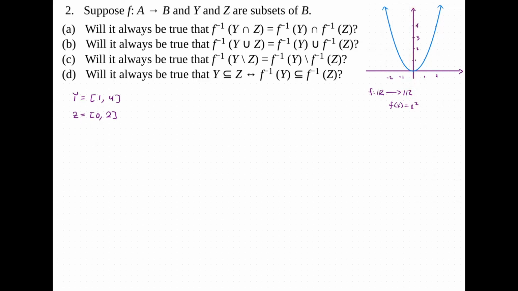And so what I want you to do now is to pause the video and compute each of these quantities for y and z and see what you get. So pause the video, and when you unpause, I will go ahead and have the computations for each of these, and then we can compare.